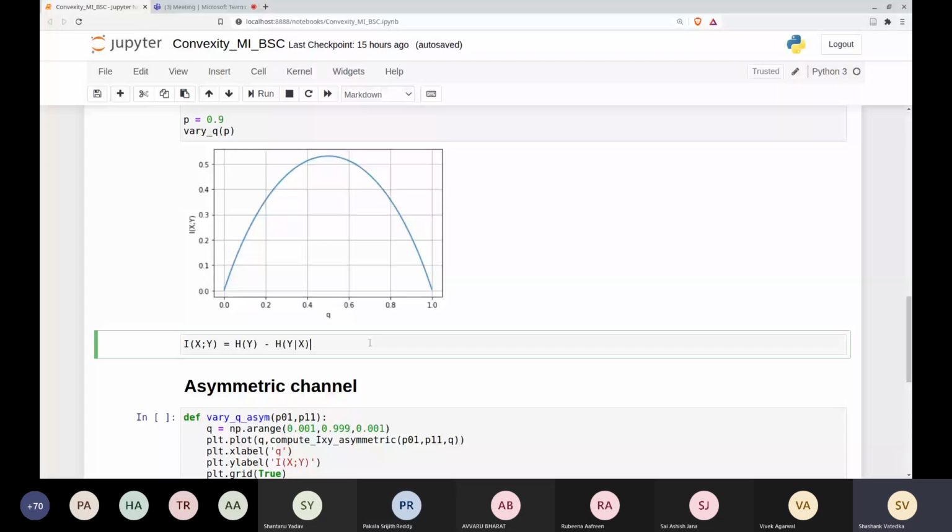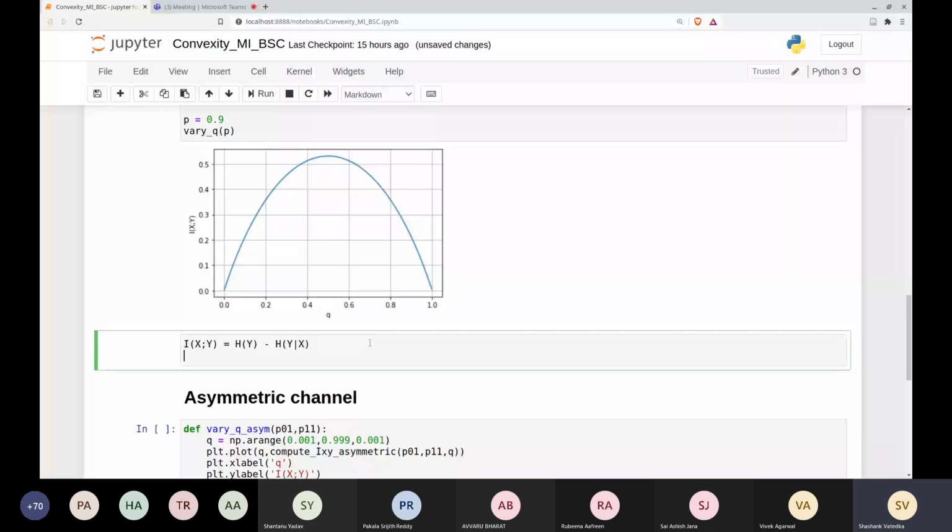Because h of y given x is basically the sum over all possible x of h of y given x equal to x times p of x. And for a symmetric channel, h of y given x equal to x is the same for all x.